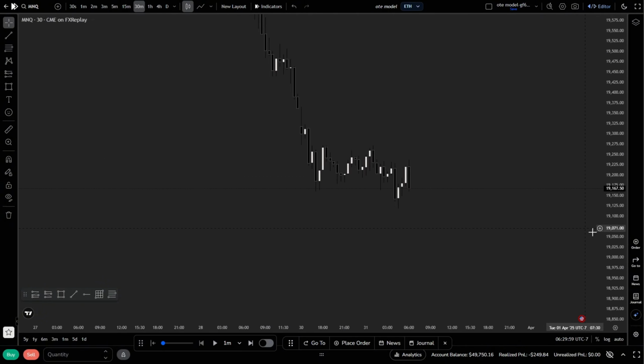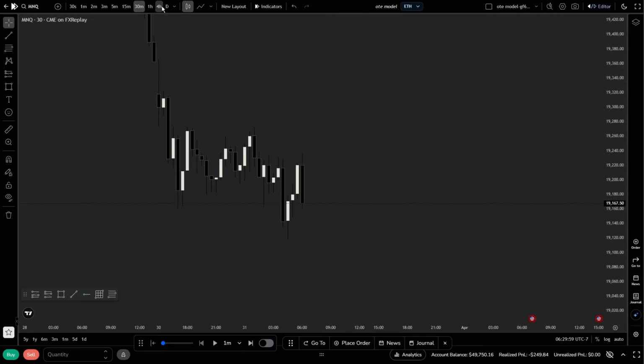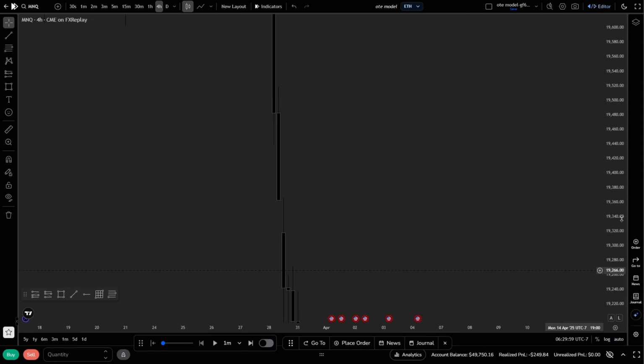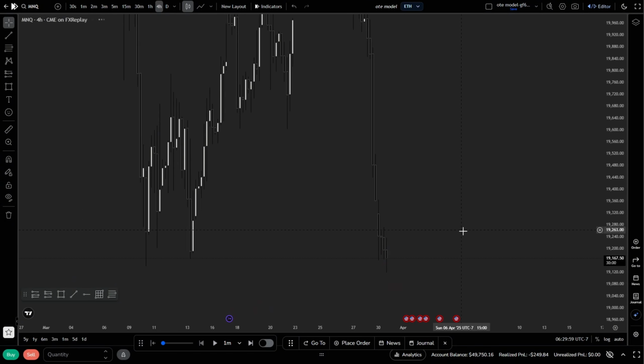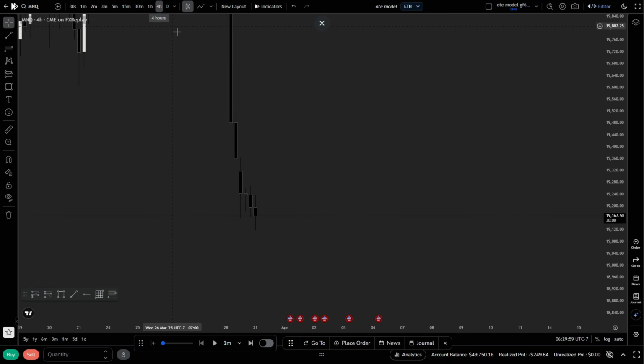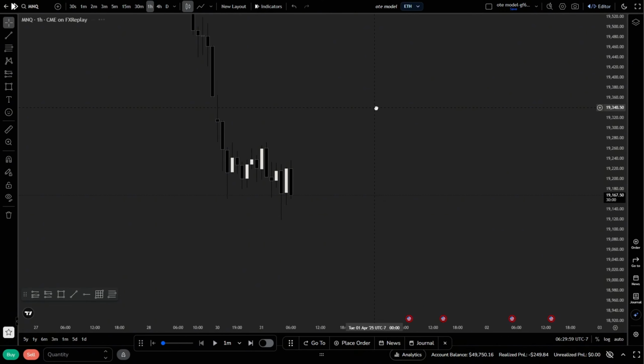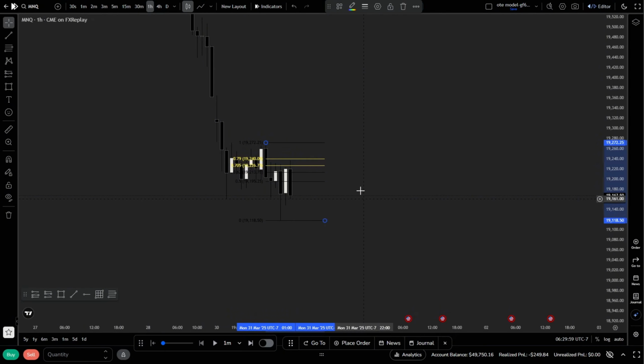Next day here. Let's see. The 4 hour. We're still dumping. Yeah, still dumping. Anything here? We rebalanced this already.